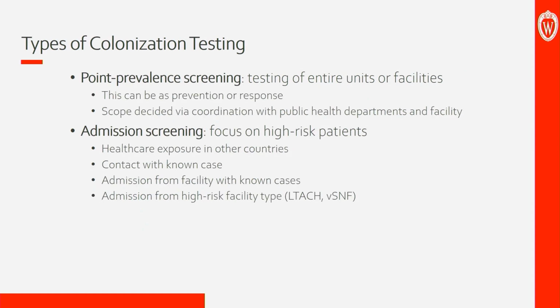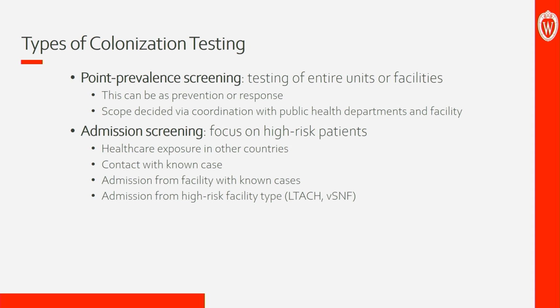We have a couple different types of colonization testing. One type is a point prevalence screening of entire units or facilities. This can be either as prevention or response. We generally decide the scope of it with the facility. It's between us and the facility, and we're often testing dozens or even hundreds of patients at once. We can also do admission screening and focus on high-risk patients to facilities.